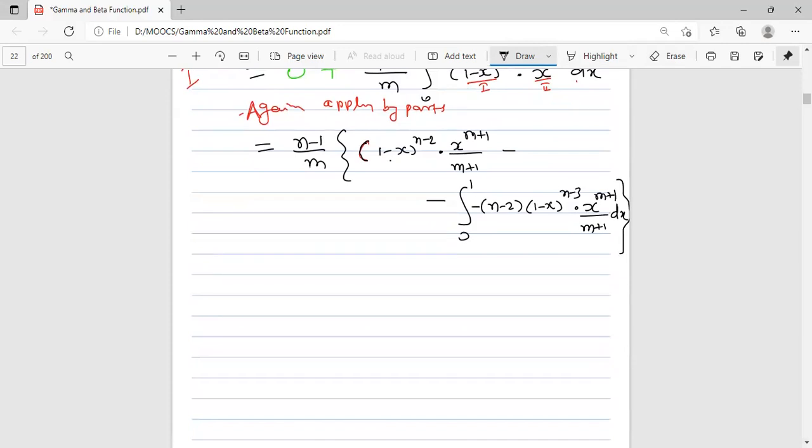Again, if we are applying limits here, 0 to 1, then what is happening here? When I put the upper limit and lower limit, this total term becomes 0. Therefore, the only remaining term is, here this is minus, here is minus, total becomes plus. Therefore, I will write this integration directly.